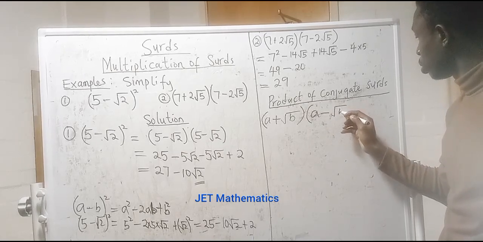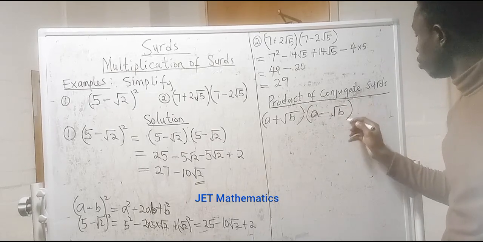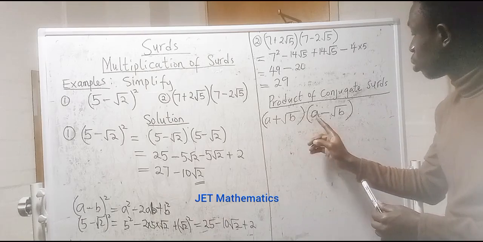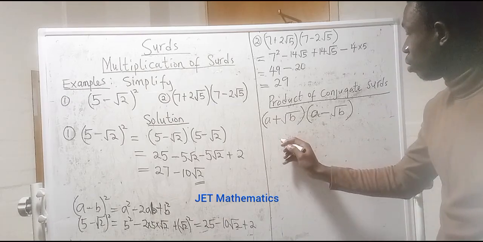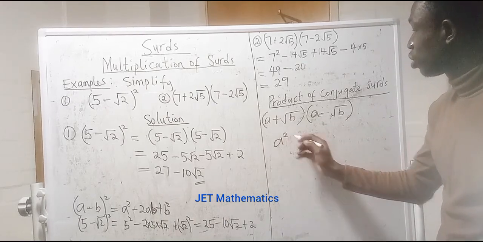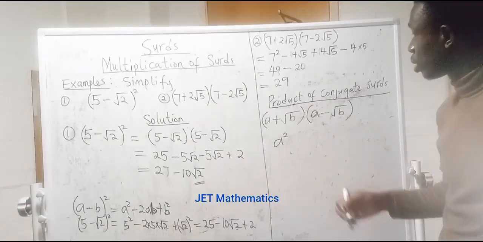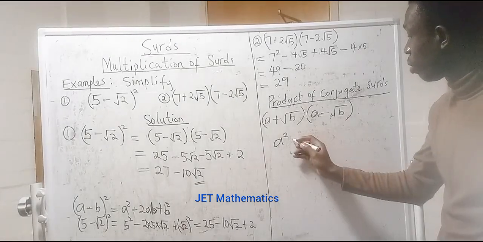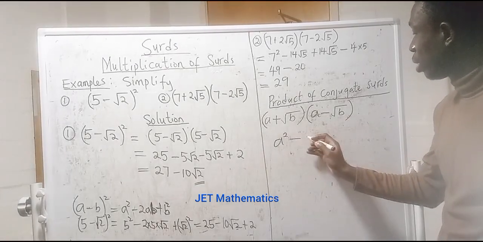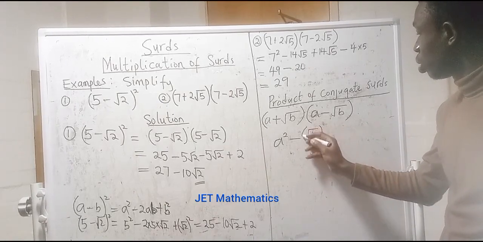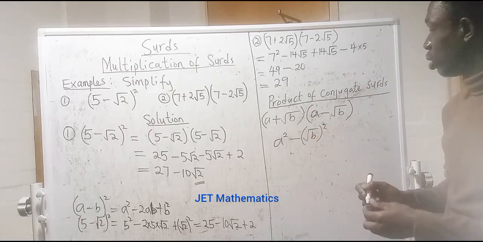So we are multiplying the same surd by its conjugate. A quick way you can do this, from our knowledge of difference of two squares, is to simply say this is a squared minus root b squared.